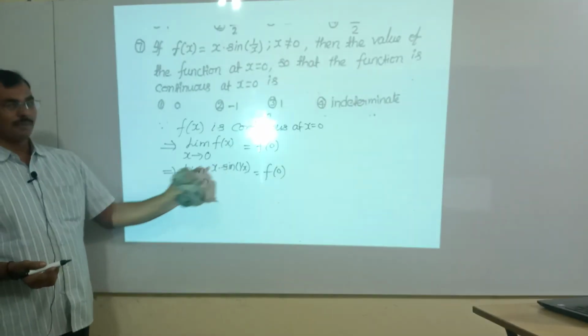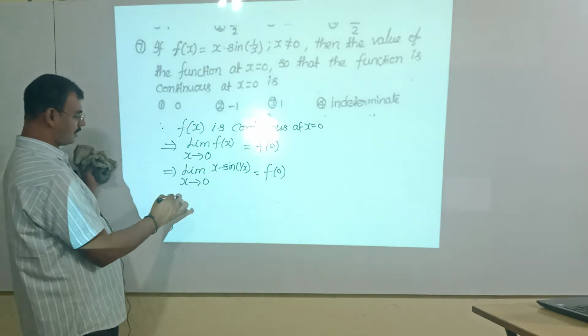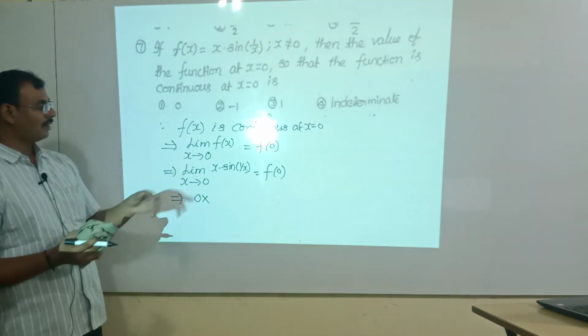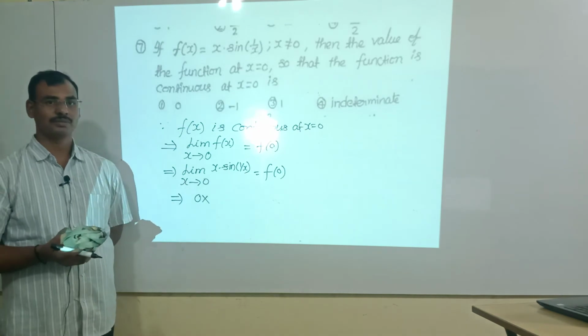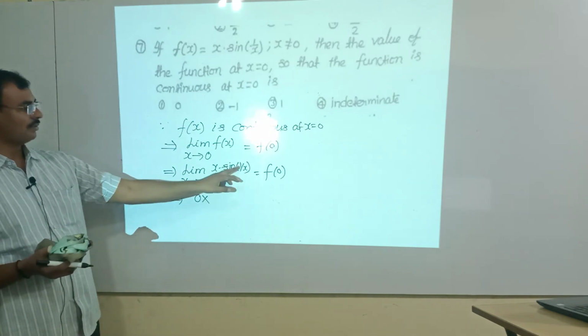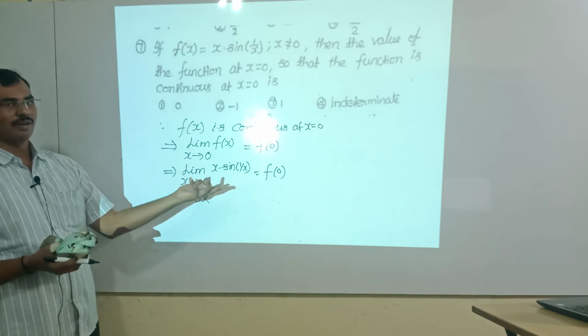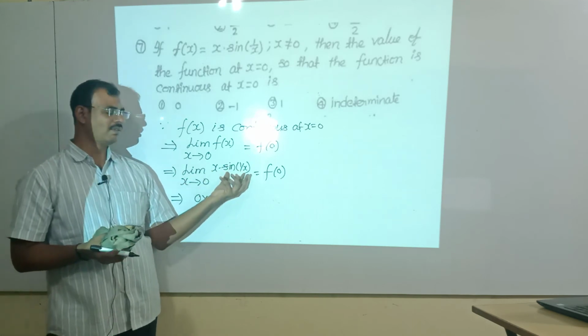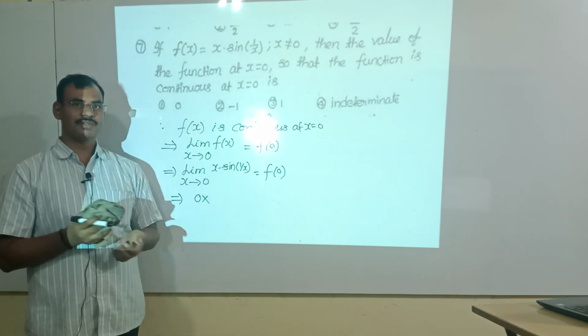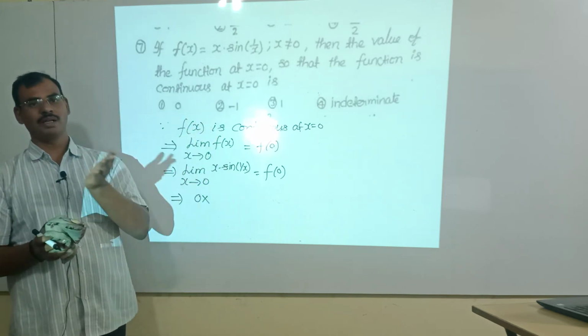If you apply the limit, what happens? This is equal to 0 into sine of 1 divided by 0. Do you have this value? Sine of 1 by 0? We can't say. But sine is always what? What is the range of sine? -1 and +1.